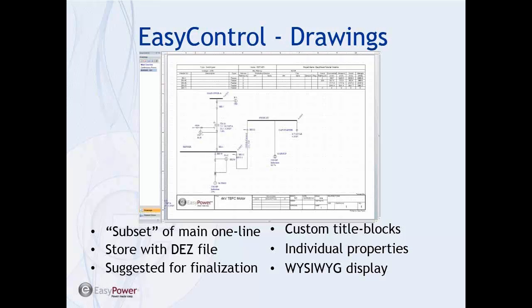We have our logo, EasyPower, and this was initially, before I made some changes, specifically I believe a GE motor, but I'd have to check again. So the individual properties are specific to each drawing. Again, those are saved within the particular DEZ file, and what you see is what you get. It's a WYSIWYG display, as some people would say.